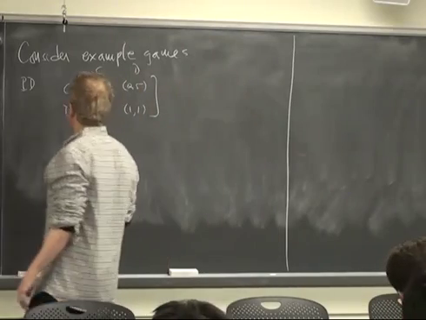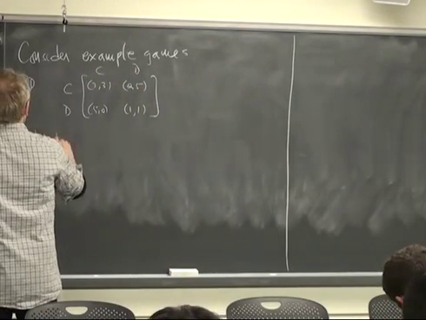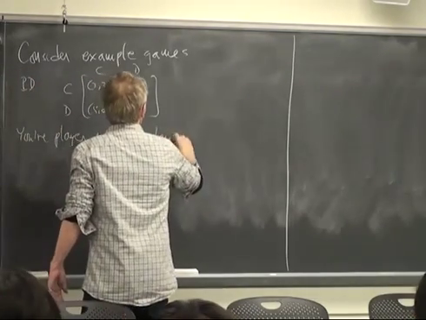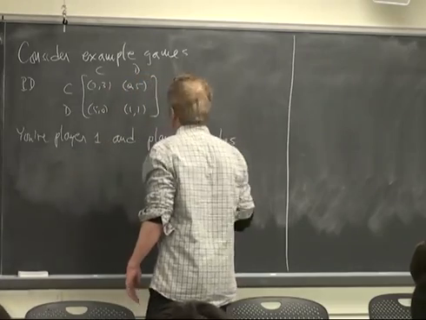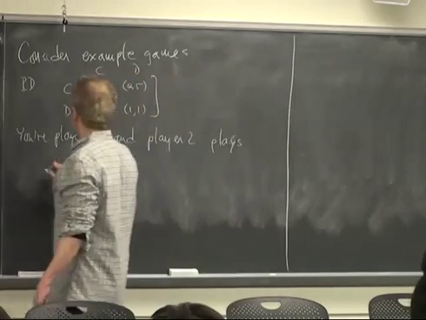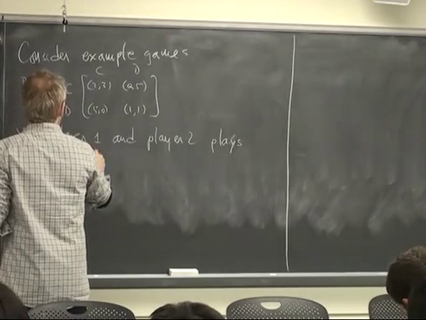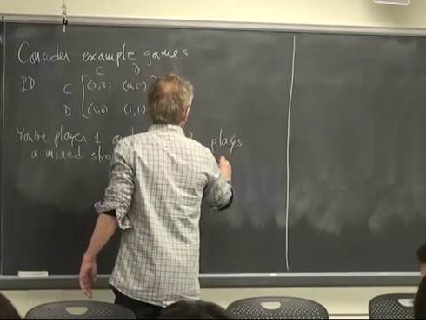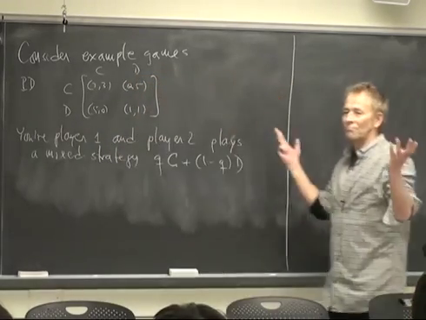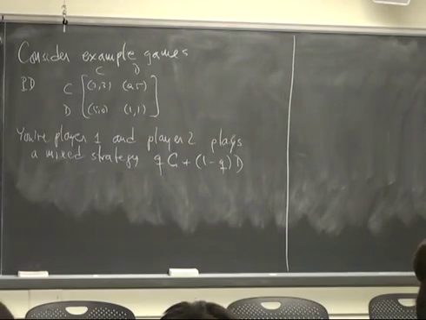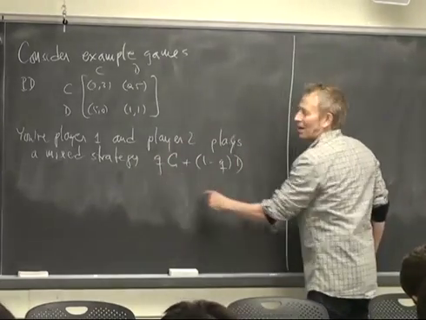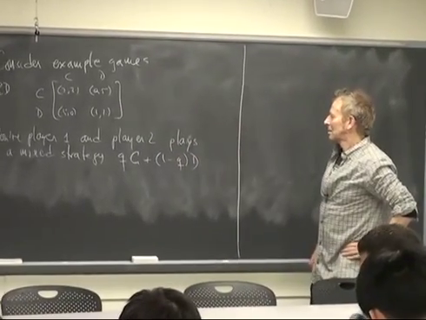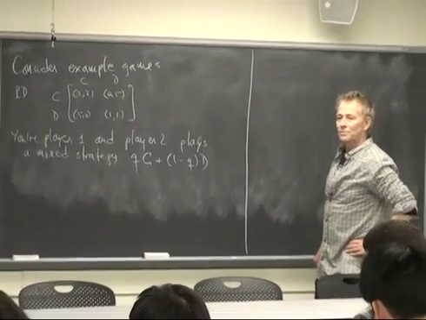Suppose we're player one. Say you're player one. And player two plays a mixed strategy, say Q times C plus 1 minus Q times D. This here is like sigma sub minus 1 in the general game theory notation. Okay?